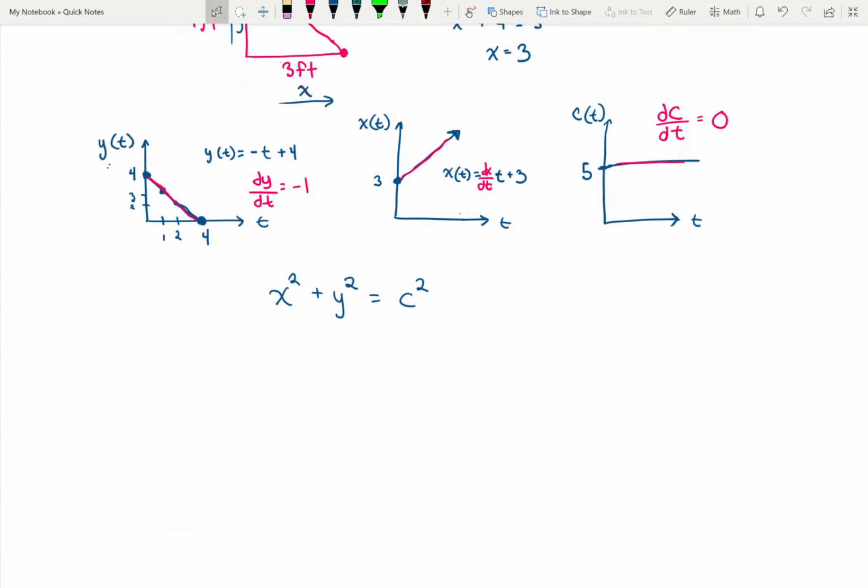How we're going to actually write these is like this: [x(t)]^2 + [y(t)]^2 = [c(t)]^2. You could put parentheses; I like using brackets. So I've rewritten them using their full name. No abbreviations, all right? I show that they're all functions of time.